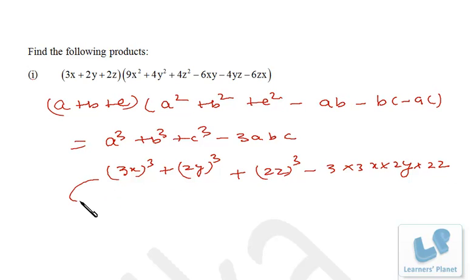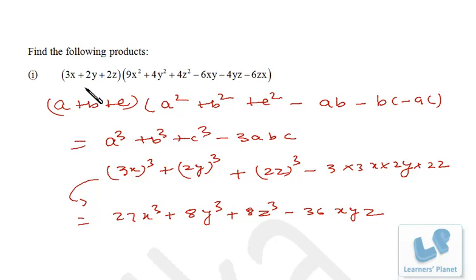So this is 27x cube plus 8y cube plus 8z cube minus, 3 3s are 9, 2s are 18, 2s are 36xyz, right? So this multiplication becomes very easy if you use this identity.